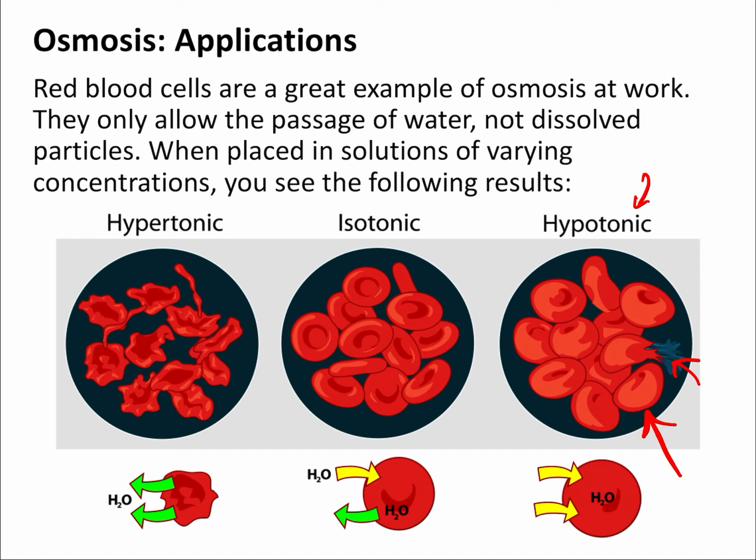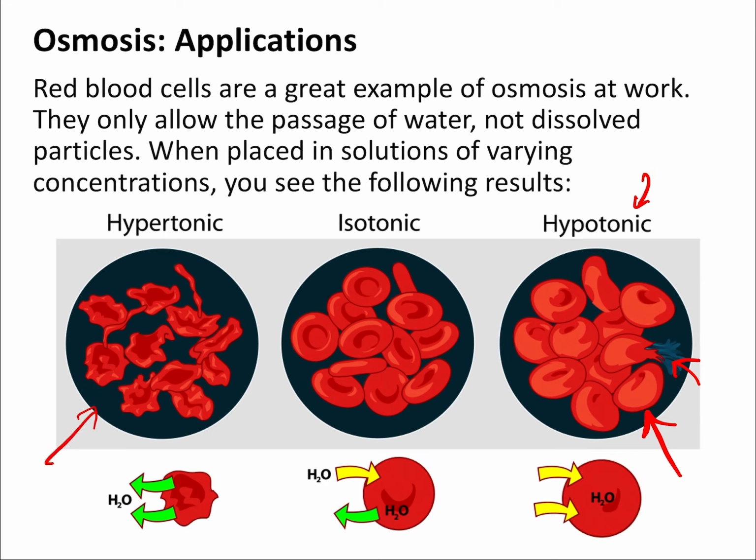The opposite is hypertonic. If you put them in a solution with a very high concentration of solute, like concentrated brine, concentrated salt water, or sugar water, such that the solute concentration outside of the cell is higher than the inside of the cell, water is going to go the opposite way. It's going to go across the membrane, it's going to leave the cell, and the cells are all going to shrivel up.